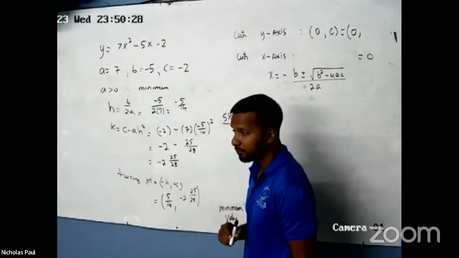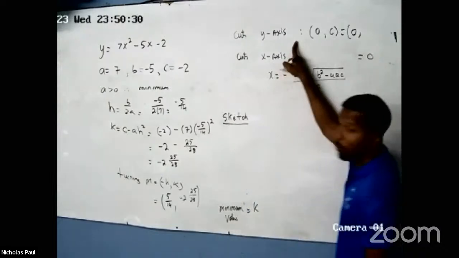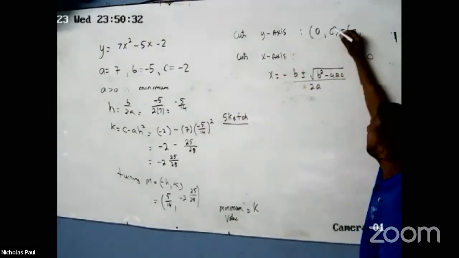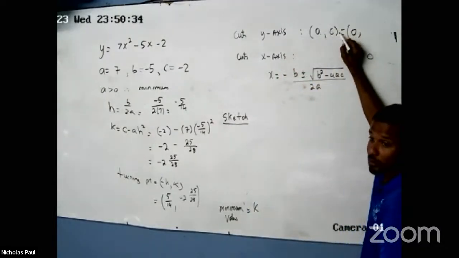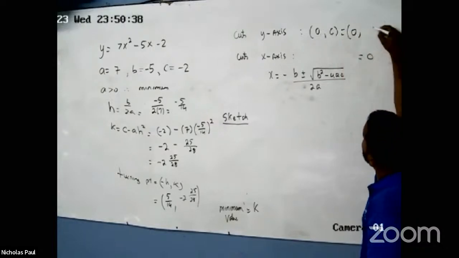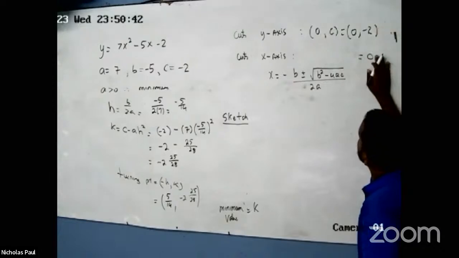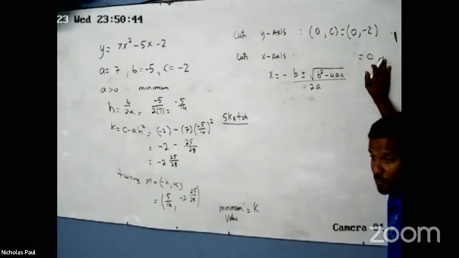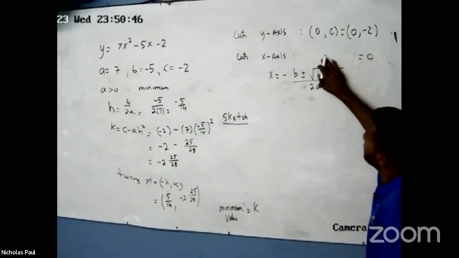That's okay? Now, the y-axis is always 0, C. So C is -2. Everybody okay with that?